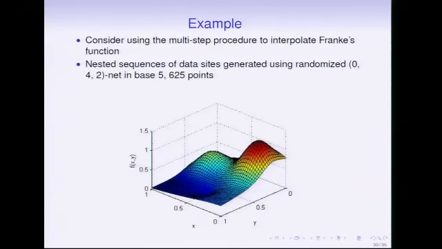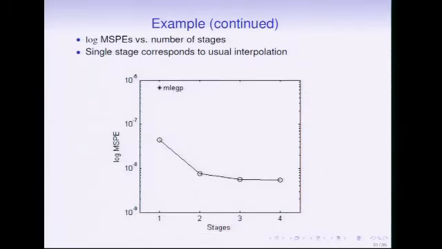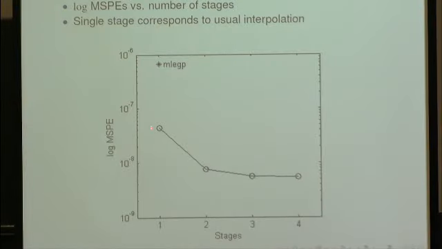So a couple of examples. If we try interpolating Frankie's function, I like nets better than Latin hypercubes, but that's just my way as well. So I use a net to gather data from Frankie's function, I think 625 points. And so single stage with me doing the best I can, this is my mean square prediction error.